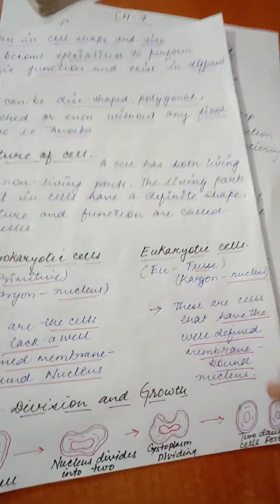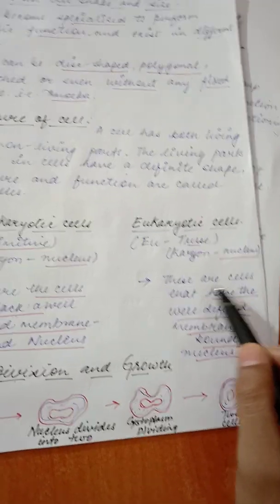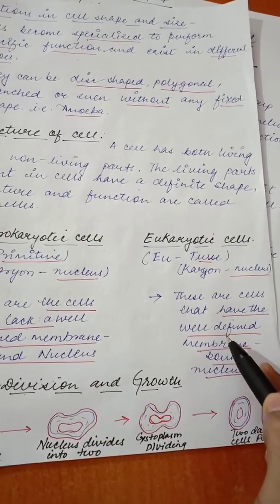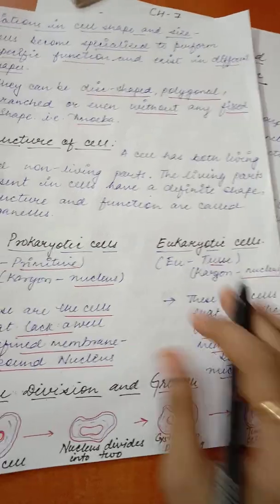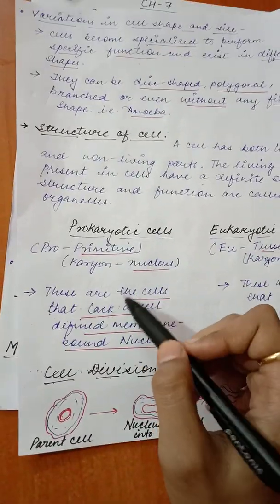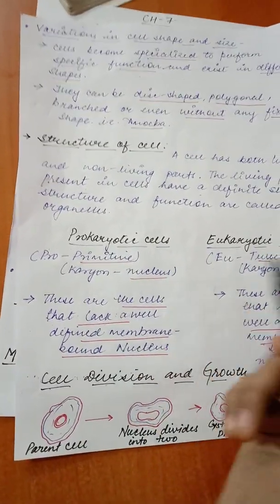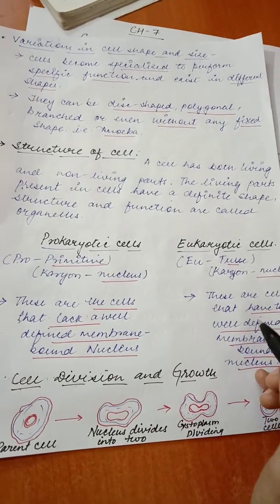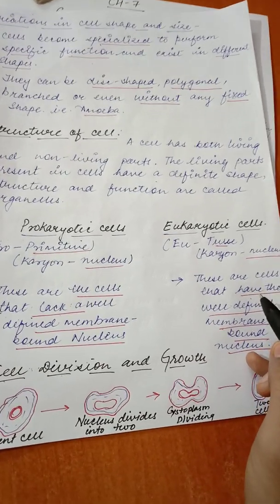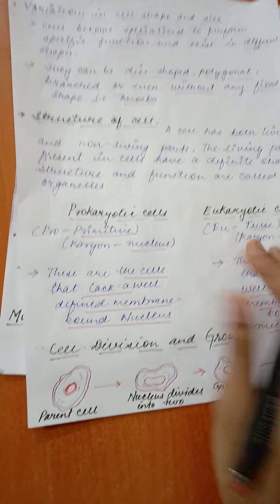But eukaryotic cells have a well defined membrane bounded nucleus, right? For example, a prokaryotic cell may be blue green algae, and eukaryotic cells are in plants and animals. They all have eukaryotic cells present in them.